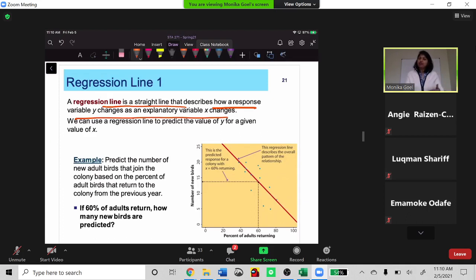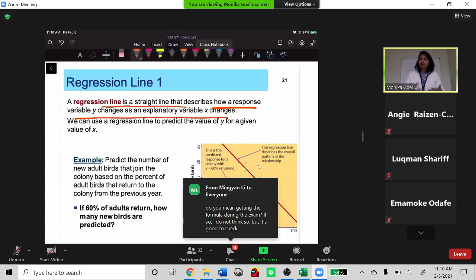But how do we fit that line inside that scatter plot? When we see a linear pattern, you can fit a line. And when I say you can fit a line, we cannot fit that line manually. We use software to fit the line inside the scatter plot.